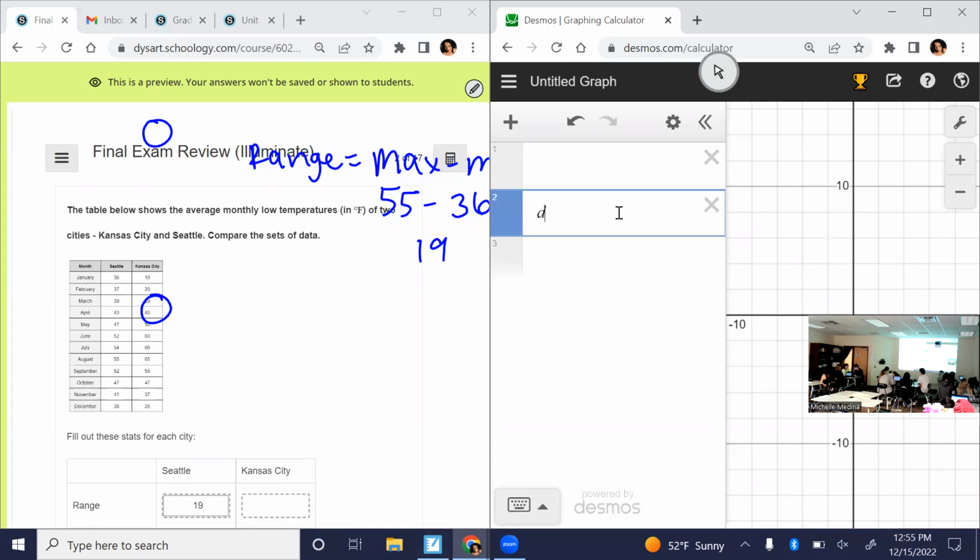So I usually use D for data equals bracket and then type in your data. So for Seattle, it's 36, 37, 39, put them all in there, separate them with commas.